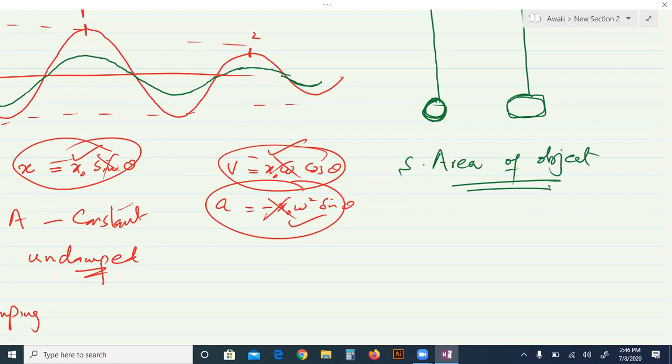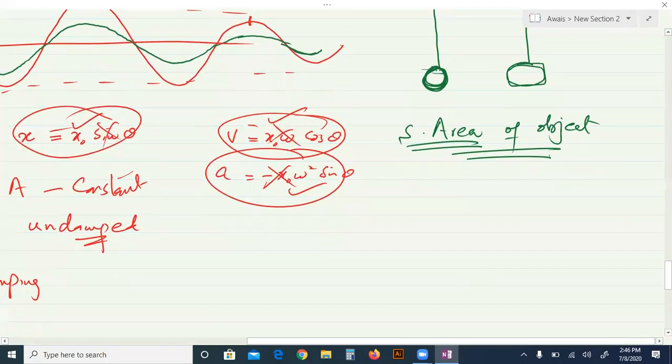And number two, if the surface area is difficult to change, then we can increase the humidity, we can increase the density of the air. In humid air, the density of the air increases, so more density, more air resistance, because air resistance is 6 pi eta RV. This eta is the viscosity, which depends on the density.